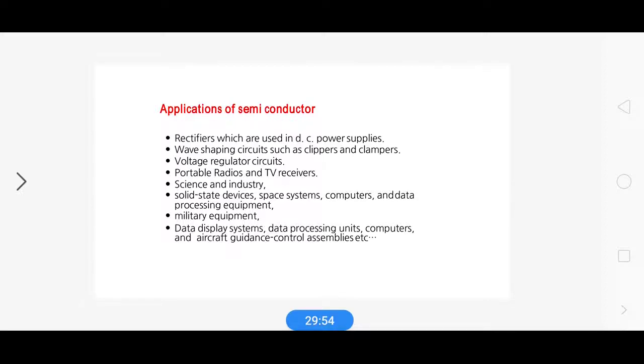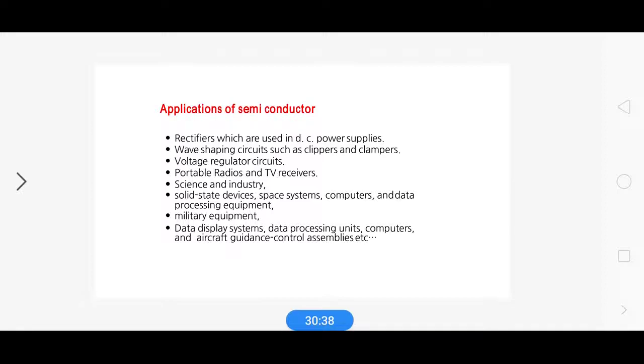And we use the semiconductor in voltage regulator circuits, and in portable radios and TV receivers, and in science and industry, the solid state devices, space systems, computers, and data processing equipment, military equipment, and data display systems, data processing units, computers, and aircraft guidance control assemblies.